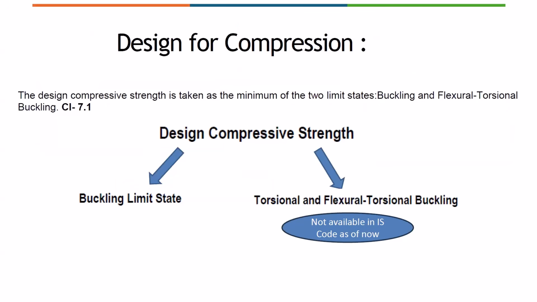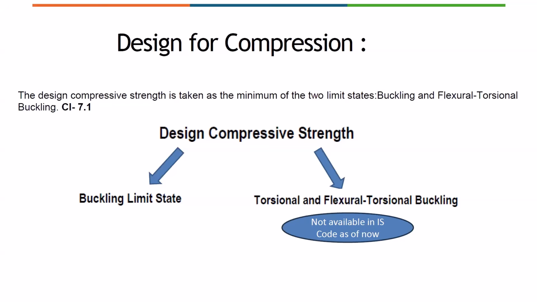Next step is the design for compression. The design compressive strength is calculated for the buckling limit state as well as for the torsional or flexural torsional buckling. This particular mode of design compressive strength calculation is not available in the IS code as of now.